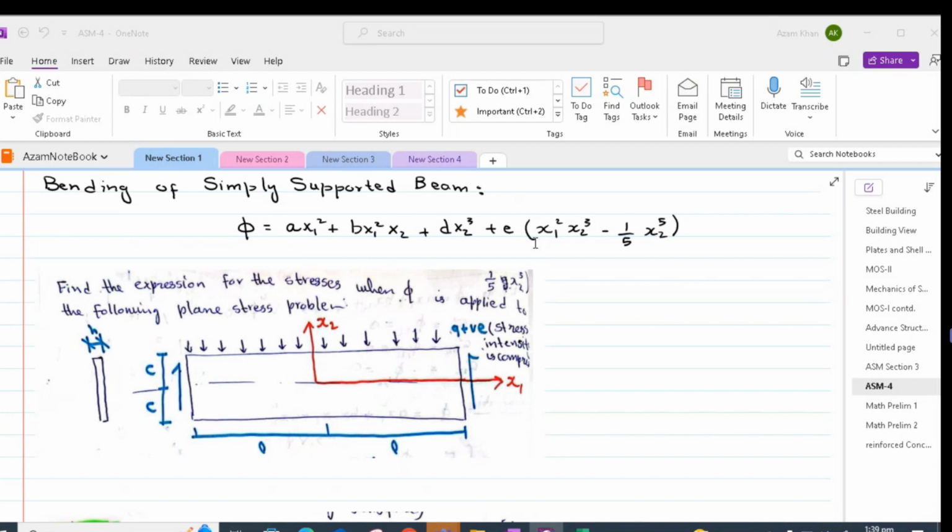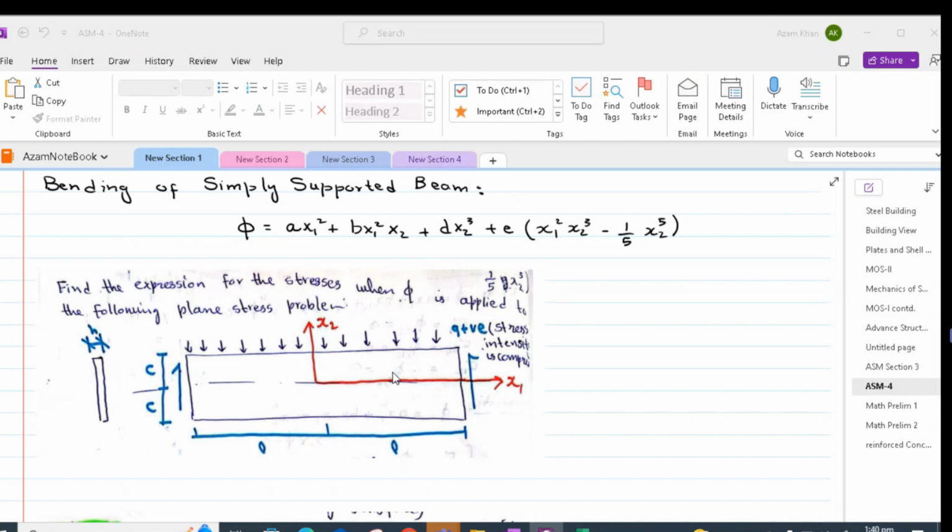One example would be that in addition to specifying axial stresses and shears at the boundaries, we can also specify moments at the boundaries.